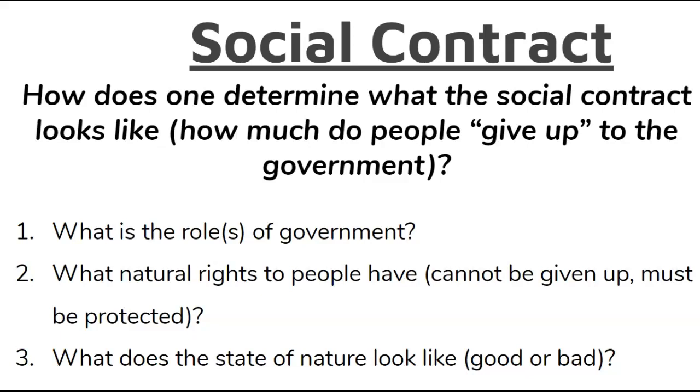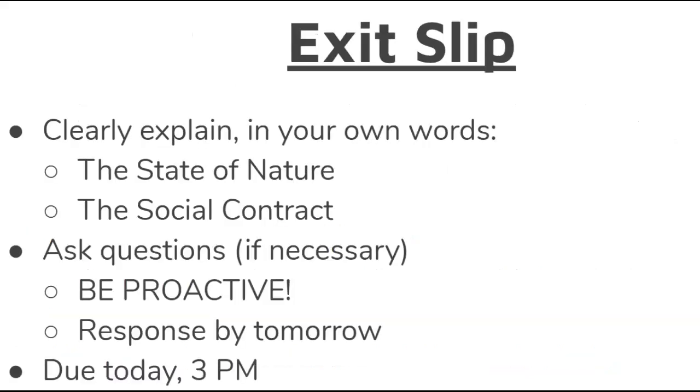Or are humans naturally bad and the state of nature looks like chaos and corruption and it's bad? All of these are going to shape what the social contract looks like. What we are going to focus on tomorrow is 2 contrasting ideas for what the state of nature and social contract look like, 2 directions that these countries can go.